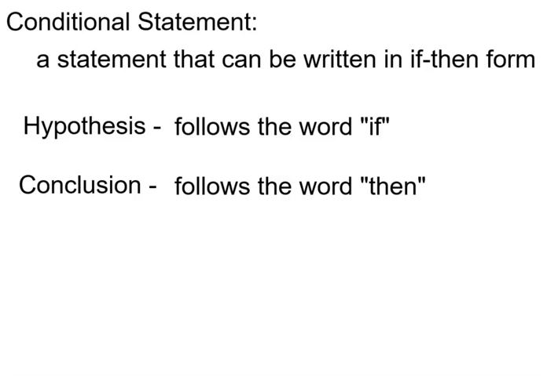Those are simply the words that separate and designate where each one is, but we don't include the if or the then in the hypothesis or conclusion. If you need more time with these definitions, hit pause. And so we're going to move on.